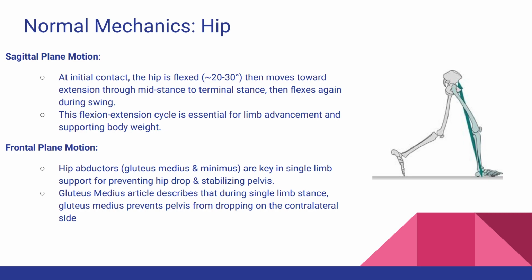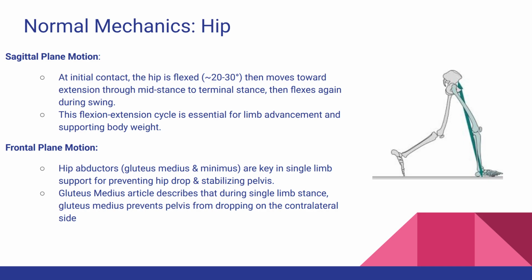After terminal stance, the hip reverses direction and begins flexing again to advance the limb during swing. This flexion extension cycle is essential for two reasons. First, limb advancement, and second, energy efficiency.